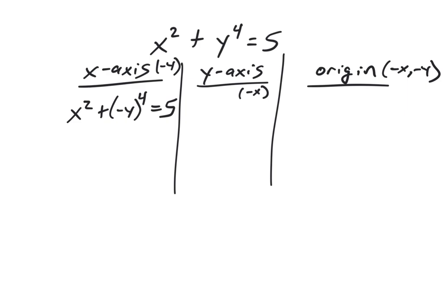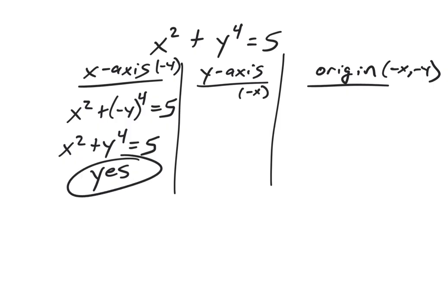If I square a negative, it makes it positive. That works for any even power. So if it's 2, 4, 6, 8, whatever, as long as it's an even power, the negative will become positive. So x squared stays the same. This becomes y to the fourth. This is 5. Is it the same as we started with? We would say yes. So this is symmetrical to the x-axis.